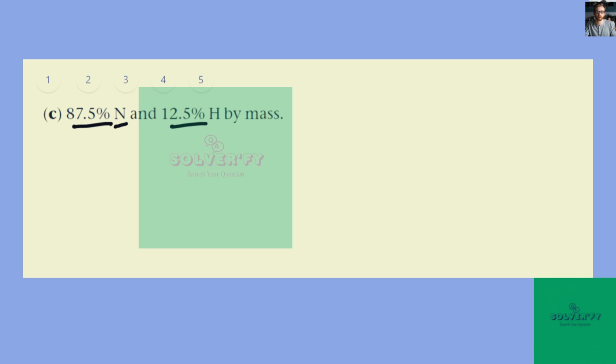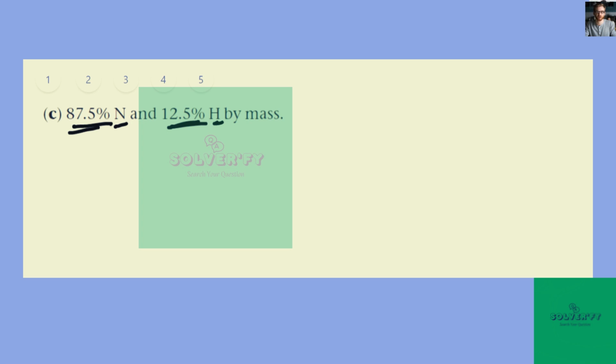That means in this compound only nitrogen and hydrogen are present and no other elements. Now, when percentages are given, we will assume that the total mass of the sample of this compound is 100 gram. That means this 87.5% will turn into 87.5 gram, and 12.5% will turn into 12.5 gram.